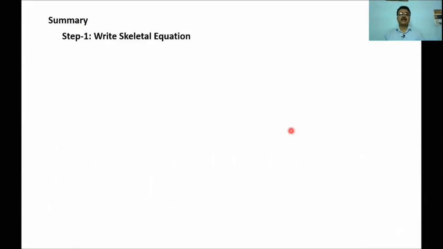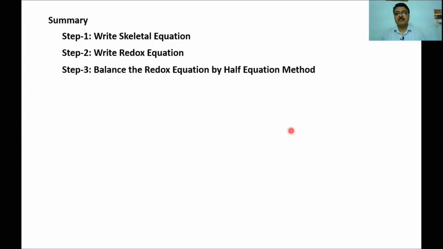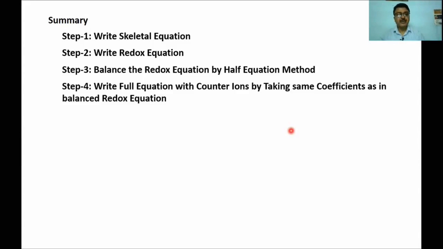Number 1 is write the skeletal equation. Number 2, write the redox equation. Number 3, balance the redox equation by the half equation method. Number 4, write the full equation with counter ions by taking the same coefficients as in the balanced redox equation.